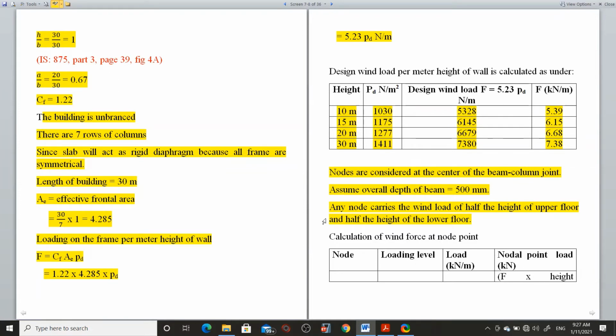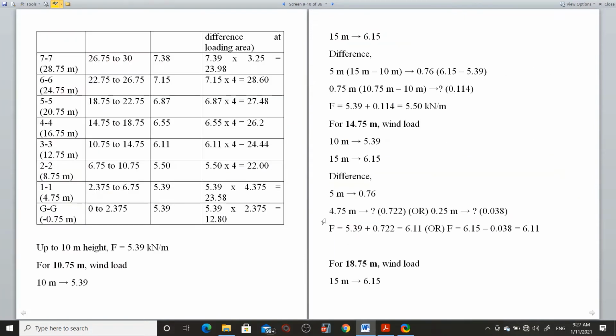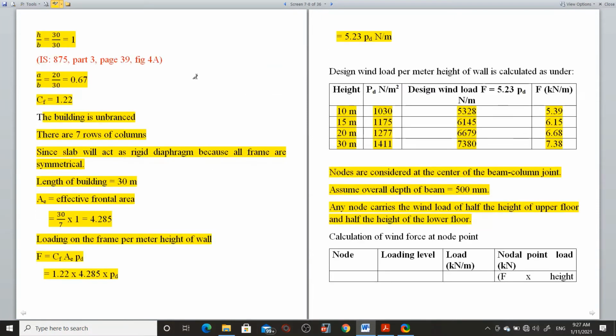And the calculation of wind force at node points: here is a table, you can see the node point, the height, force multiplied by height.